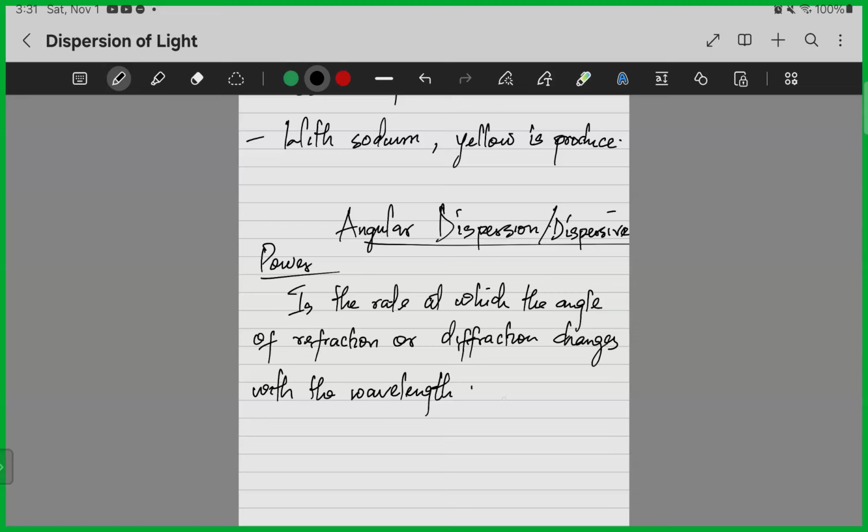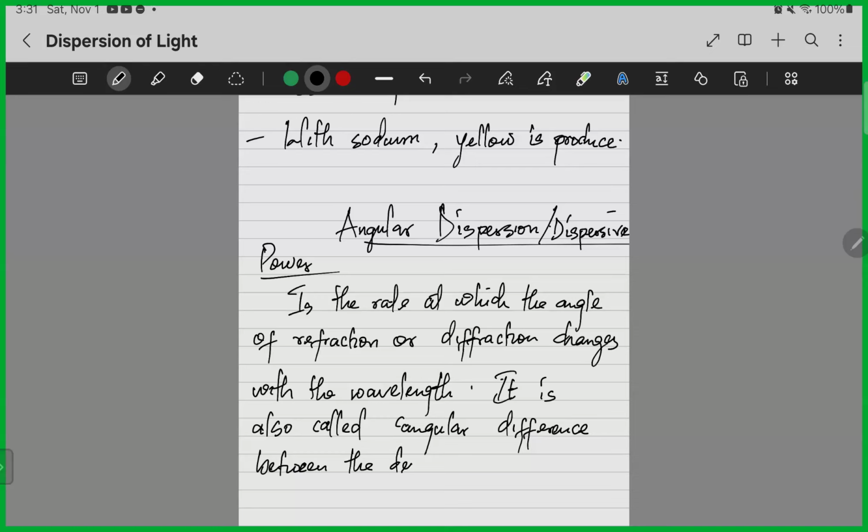Another name for it, it is also called angular difference between the deviations produced by any two colors.